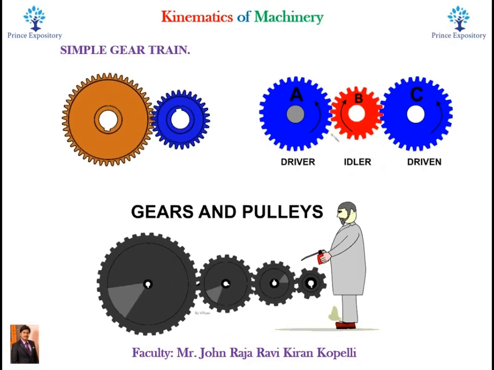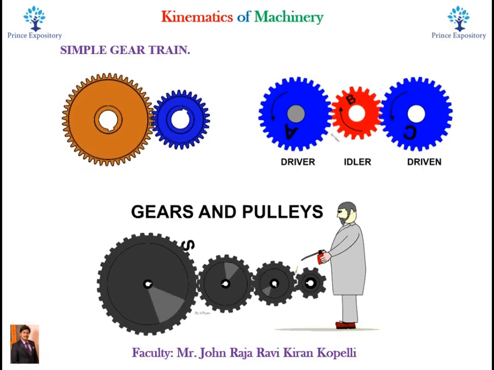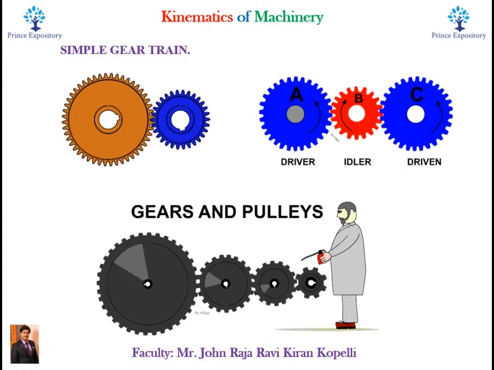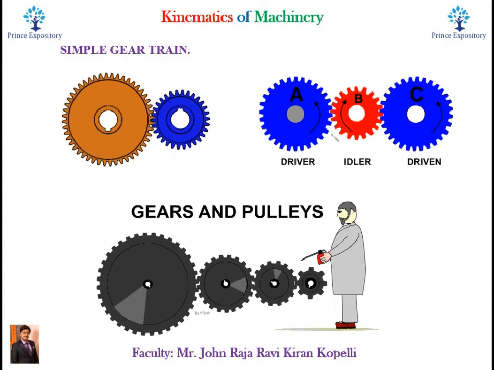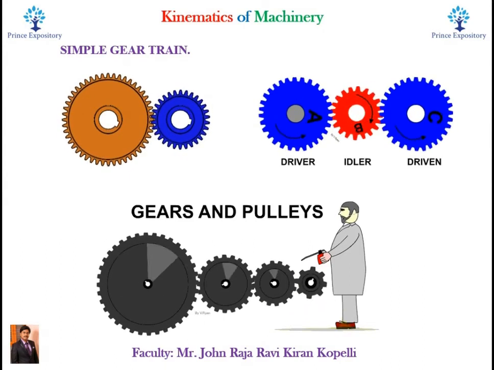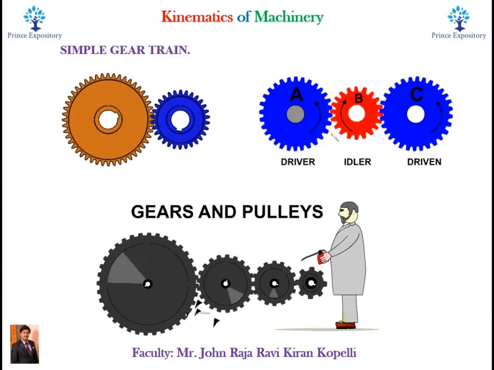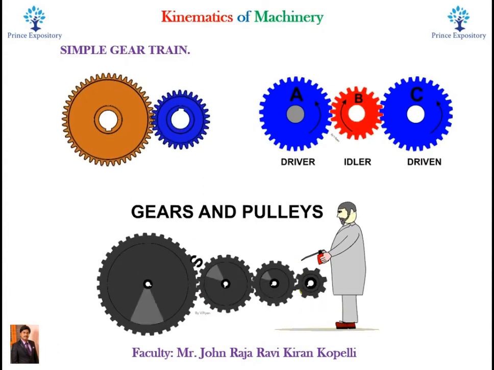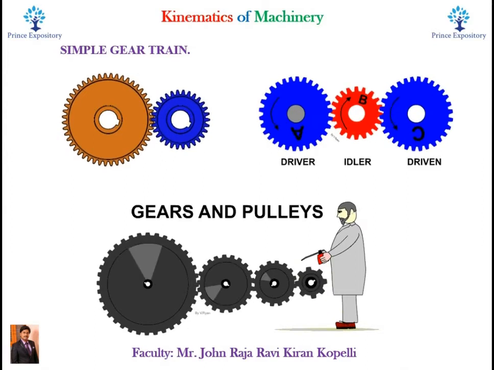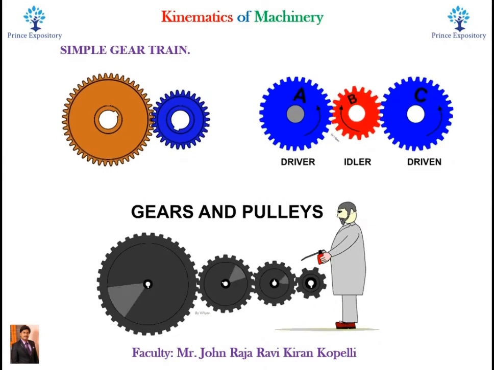And idler gear B is also in contact with driven gear C. Thereby, because gear B and gear C are in contact with each other, when gear B rotates in clockwise direction, gear C rotates in anti-clockwise direction. Now observe very carefully. We have only one intermediate gear in this arrangement. That is the reason driver and driven rotate in the same sense.